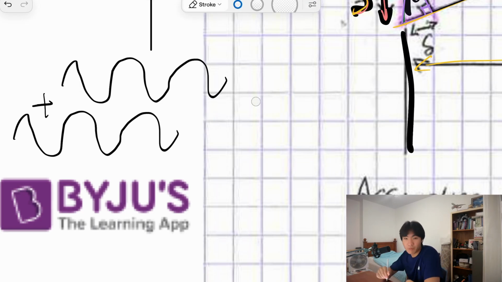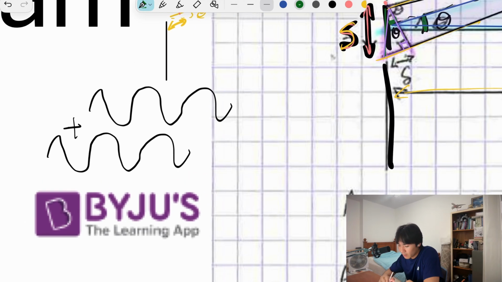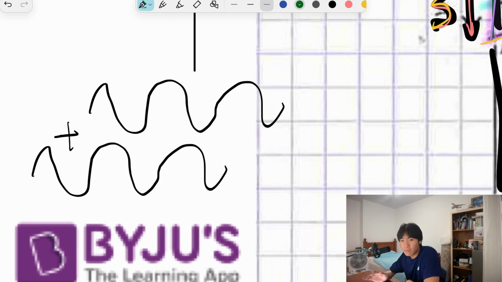So what I am trying to prove with this diagram is that if the phase of the wave is shifted by its wavelength, this is its wavelength, if it's shifted by one wavelength, it means that they can constructively interfere again.